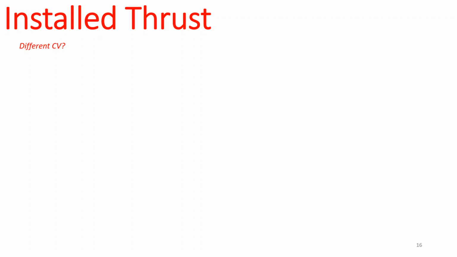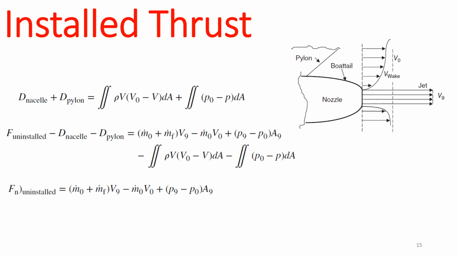Okay. What will happen if you were to change the control volume? The idea was we chose the control volume to make everything simpler, right? But if all of the losses are going to make your life miserable, because this calculation is going to be hard, right?